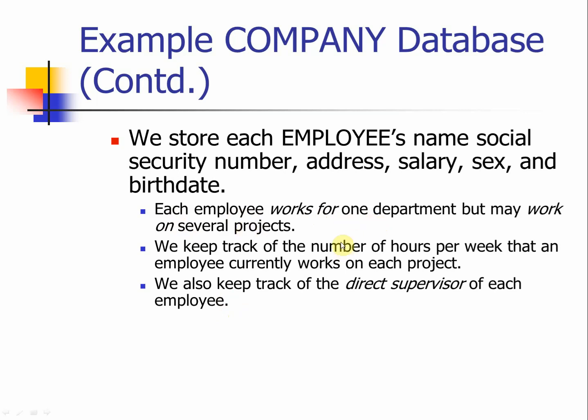So this is also very different from the previous one. They can only work for exactly one department, and at the same time, they can work on several projects. How does the ER diagram keep track of all these differences? We keep track of the number of hours per week that an employee currently works on each project. For every project they work on, we need to keep track of how many hours they are working.